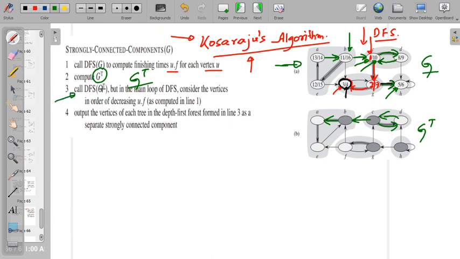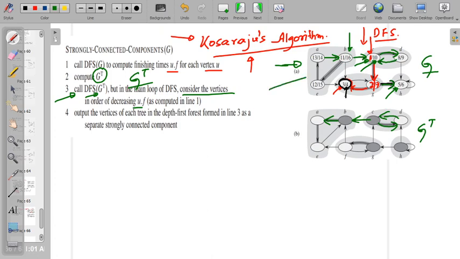Now call DFS on this transpose graph GT, considering vertices in decreasing order of u.f. So here we start from the node with the highest finish time of all these nodes. Which node has the highest finish time? Can you tell me?